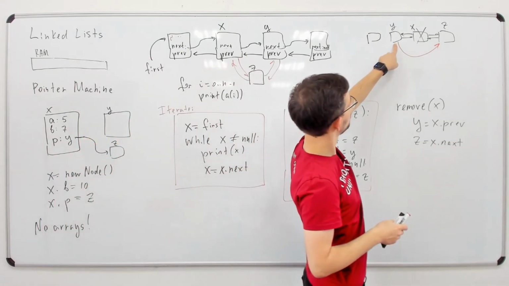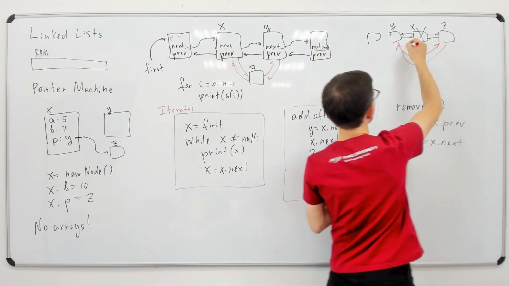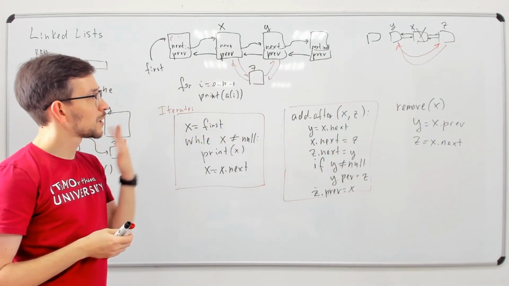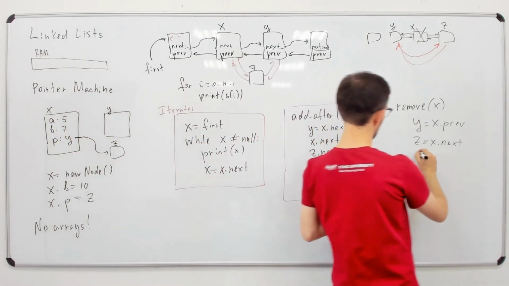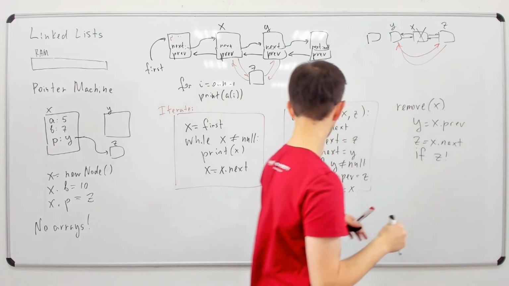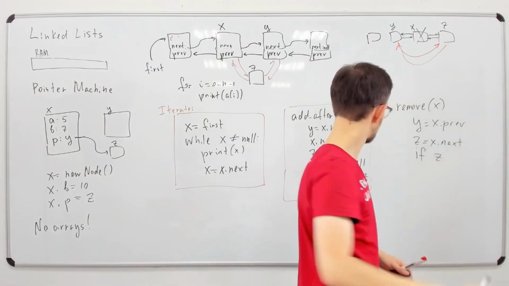We need to move Y next to Z and Z prev to Y, like this. But both of these elements may be null. So let's say if Z is not null, use the same notation.